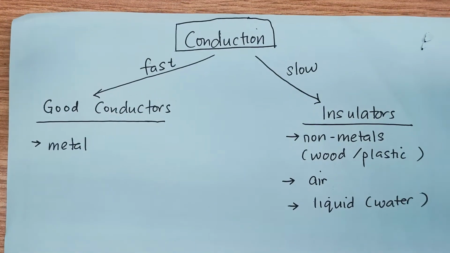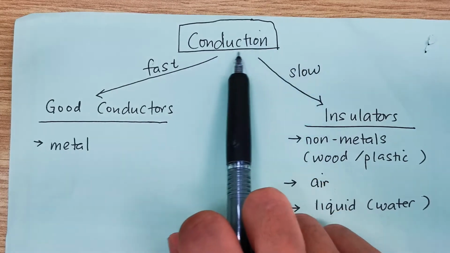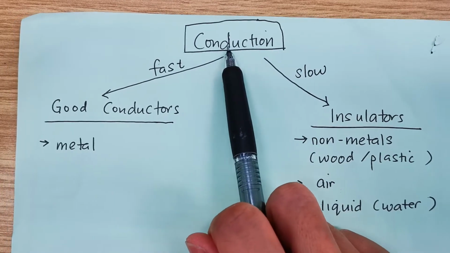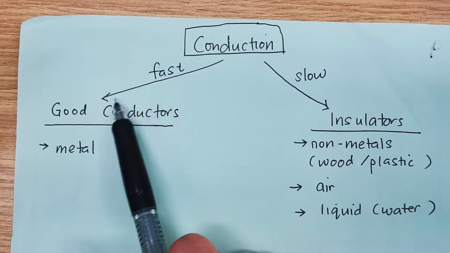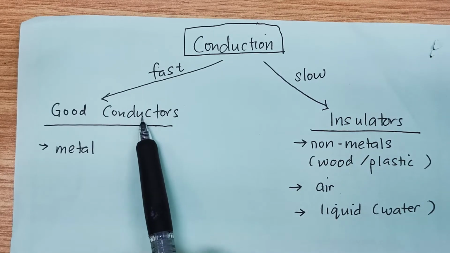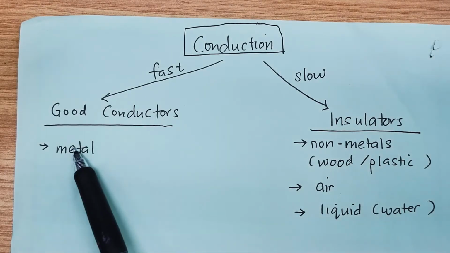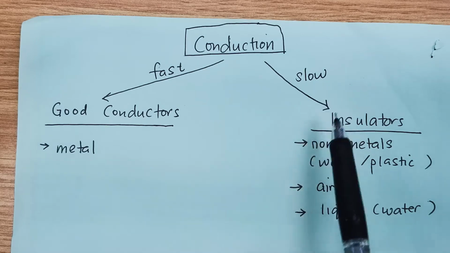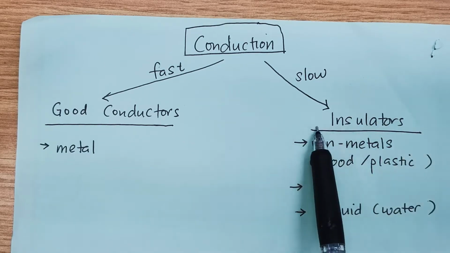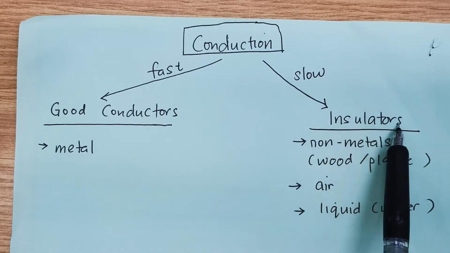So first of all, let's remember that for conduction, if the conduction happens very fast in an object, then we call the object a good conductor. And usually a good conductor will be a metal. But if the process of conduction happens very slowly, then that material in which conduction happens so slowly, we call it an insulator.